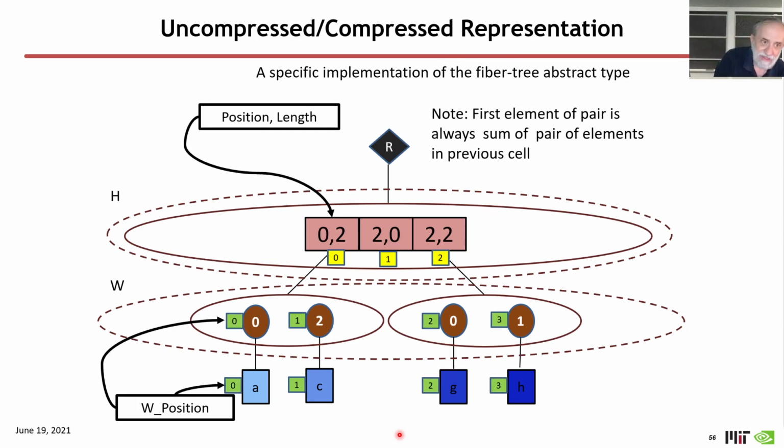Before I do that, I'm going to note in this top rank that the first element of each pair is always the sum of the pair of elements in the previous cell. So 2 and 0 sums to 2, 2 and 0 sums to 2.